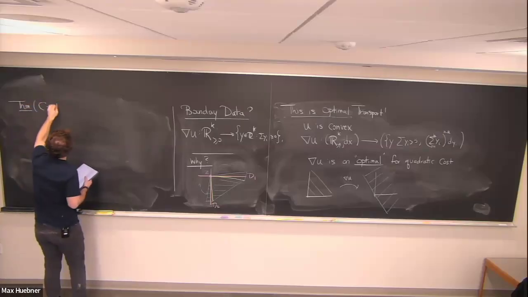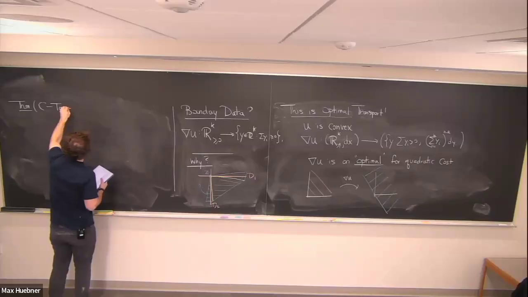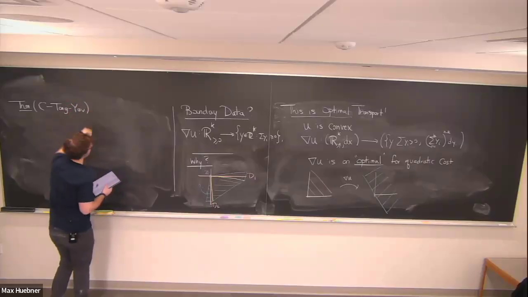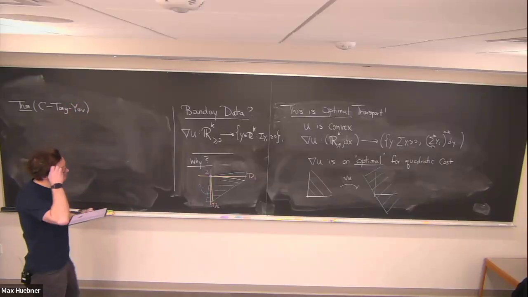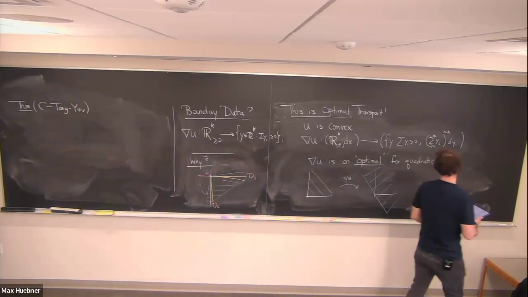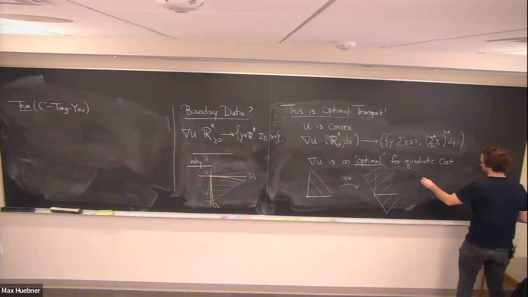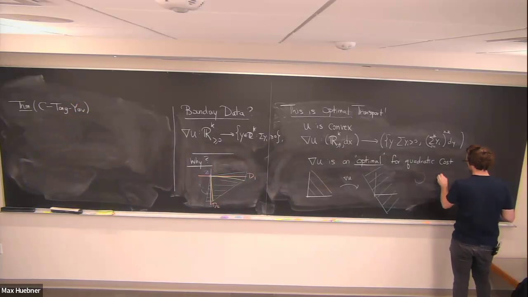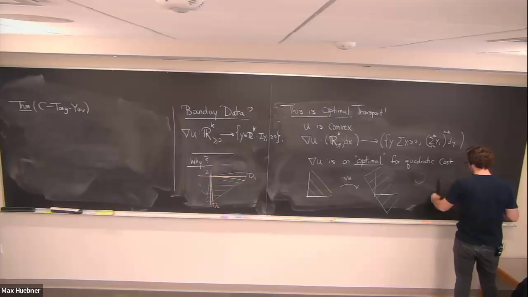Before that, I'm not very familiar with optimal transport. Why would you say nabla u is optimal for quadratic cost? What is the cost function here? So if I was doing this between compact domains, then the cost function is the integral of dy over the image of nabla u.